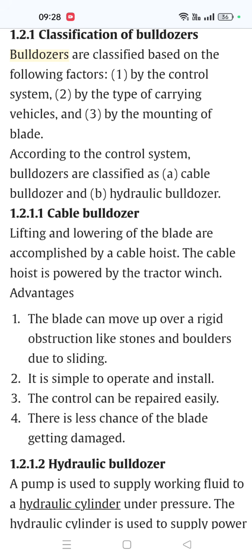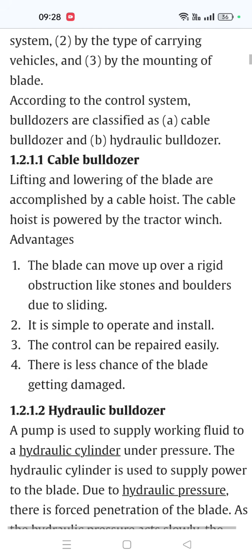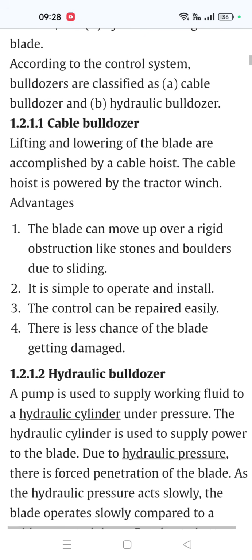1.2.1.1 Cable bulldozer. Lifting and lowering of the blade are accomplished by a cable hoist. The cable hoist is powered by the tractor winch. Advantage 1.